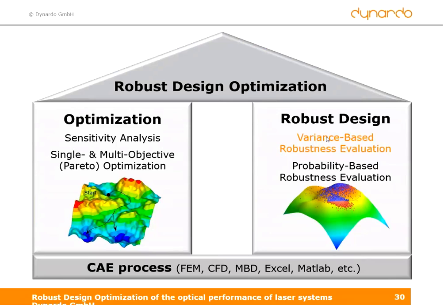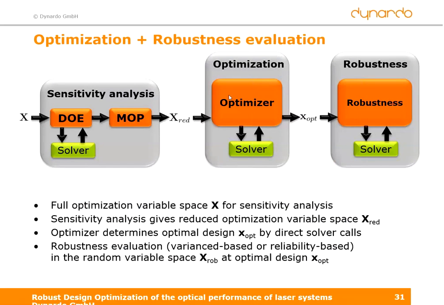After getting this best design, you can evaluate the robustness of your design. And for that, you can go again step by step, using this optimized design and give it to optiSLang, where a quite similar, like a second sensitivity analysis is performed, but here different input parameters are selected.